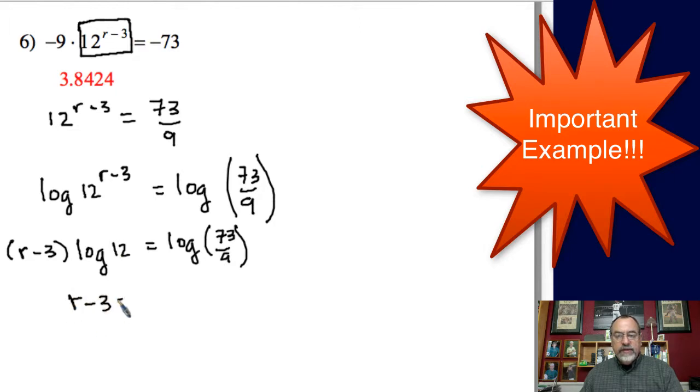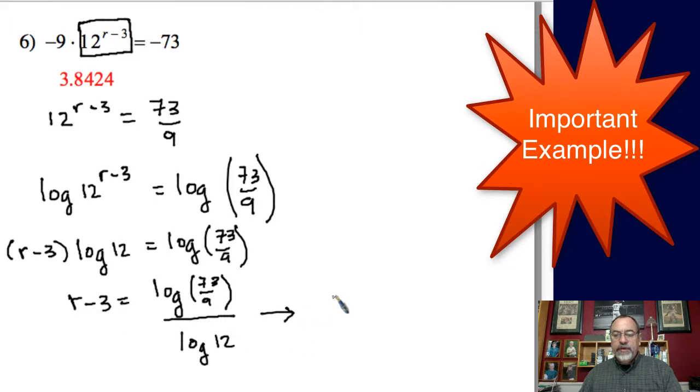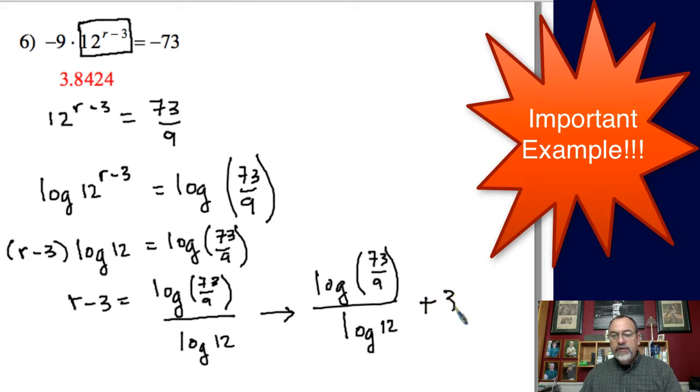So I'm going to have r minus 3 is equal to, now here's where again it gets kind of tricky, but you have to be careful. That's one number divided by this log of 12. And then we're solving for r, so we're going to add 3 to both sides. So this ends up being the log of 73 over 9 divided by the log of 12, that's one whole number, plus 3.